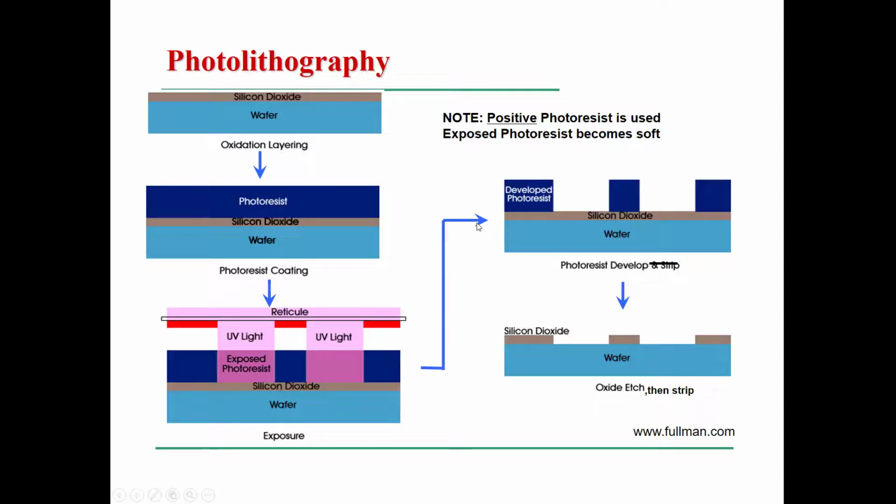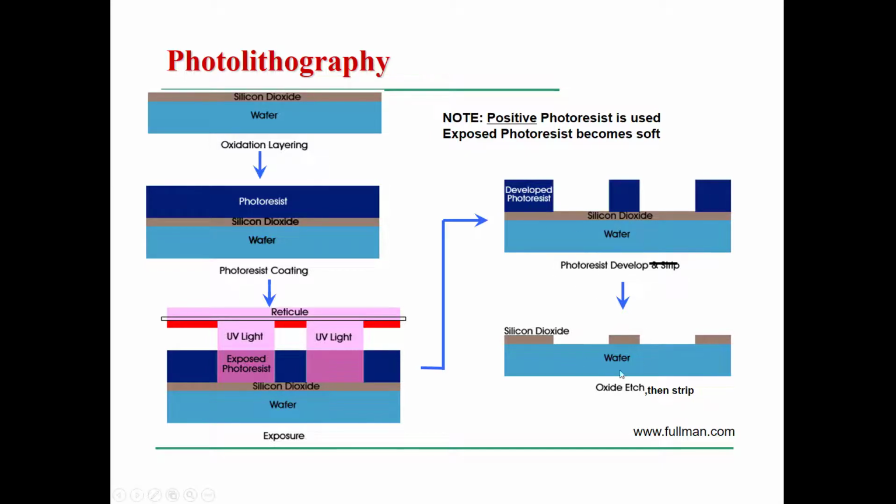Then the developer will remove the exposed photoresist, and then the etchant will take away the silicon dioxide, and then the last part, the stripping, the cleaning type solution, will remove the unexposed photoresist.